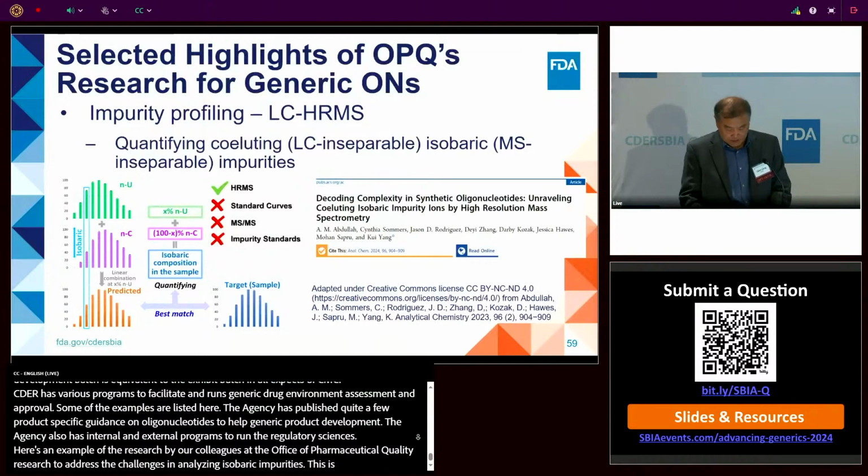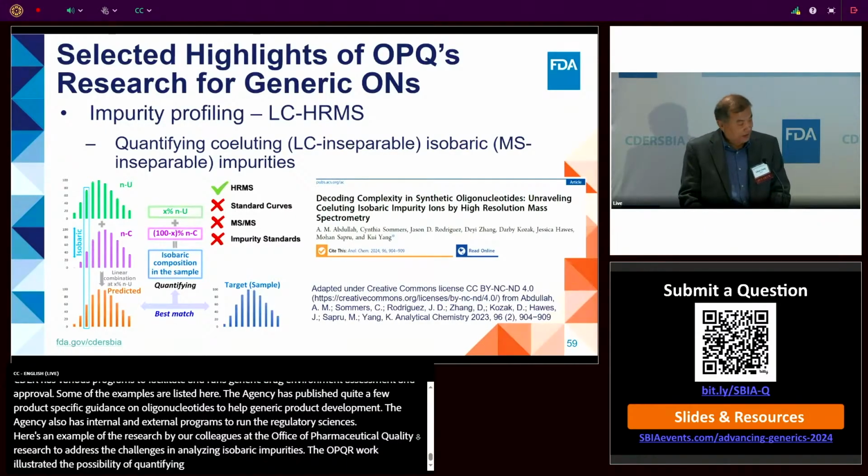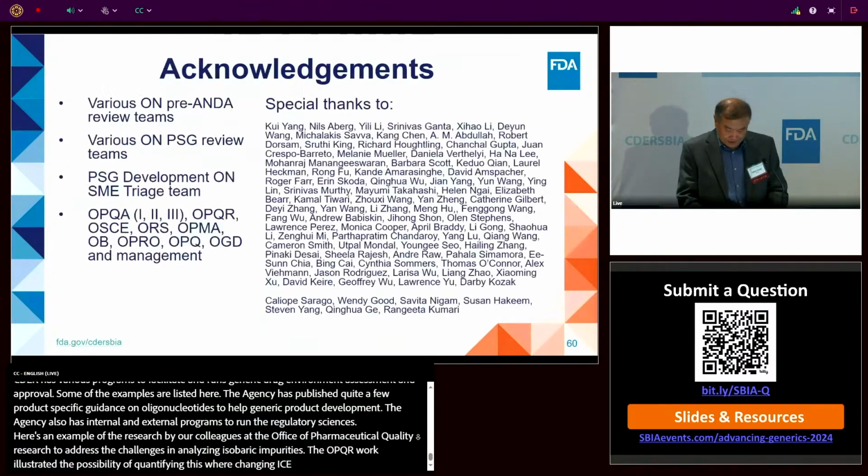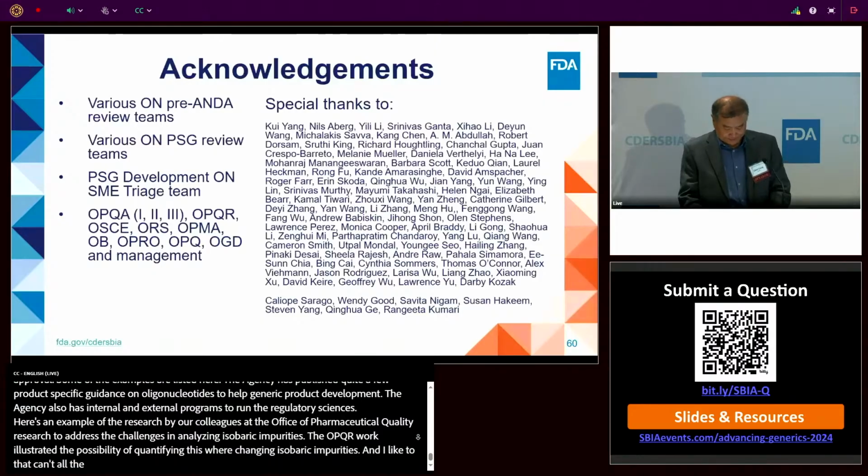The OPQR work actually illustrated the possibility of quantifying these very challenging isobaric impurities. With that, I'd like to thank all the people and teams and officers listed on this slide.